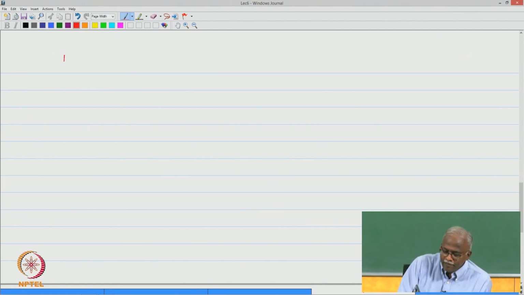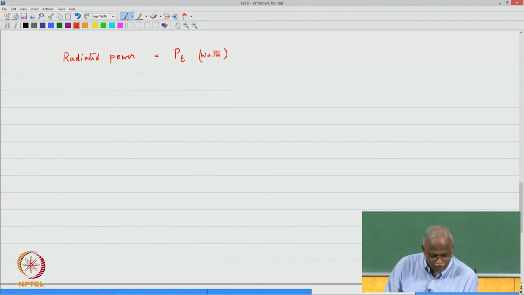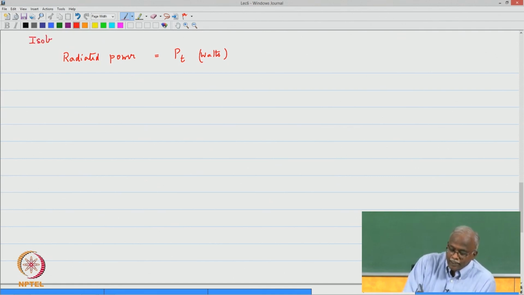Now, if we have a radiated power of P watts, indicate that as P subscript T, the transmitted power. So, we define for this antenna, for an isotropic radiator, the isotropic antenna being our topic of discussion now, the power flux density.